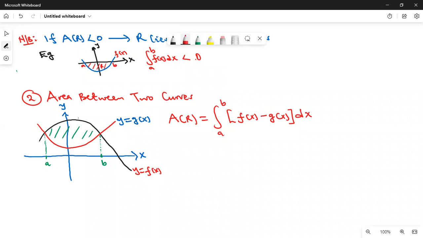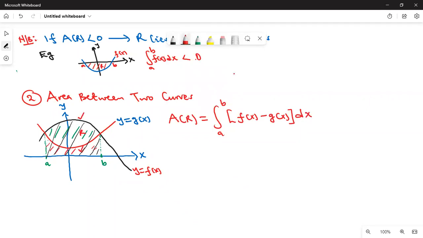You see the bigger one is this, and the smaller one is this. So the smaller area will be this. Our region R is this one. When you get the area for f of x, it will be everything that is area enclosed by f of x, the x-axis, and the lines x equals A and x equals B. That one for g of x is the shaded.